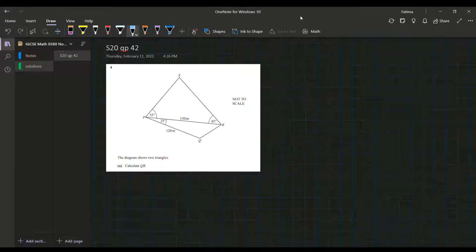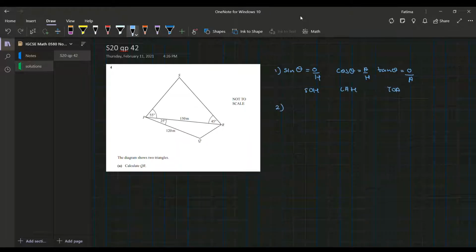The first one would be using our trigonometric functions. Sine theta is equal to O by h, cos theta is equal to A by h, and tan theta is equal to O by A. And you can remember this using SOH CAH TOA.